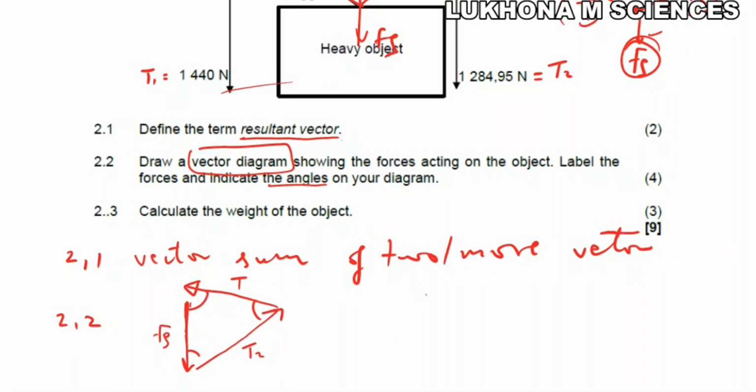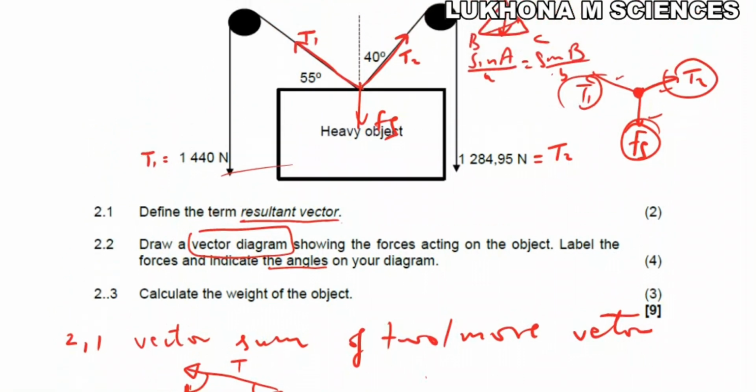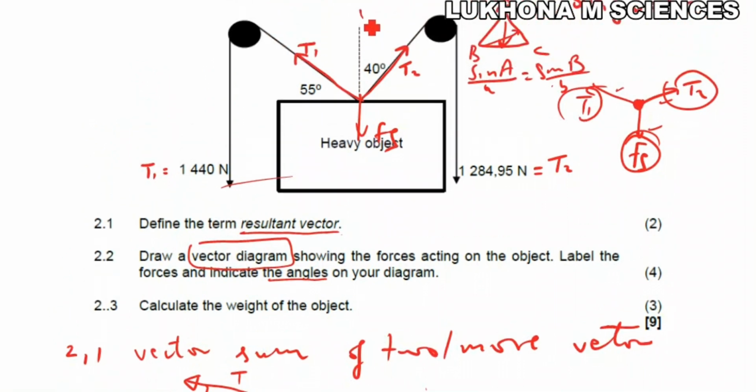So let's look at the angles. Let's go back to the diagram. In the diagram, we have the vertical line. This is the vertical line which is going down. Then between the vertical line, that is Fg, and T2, there is this angle, which is 40.